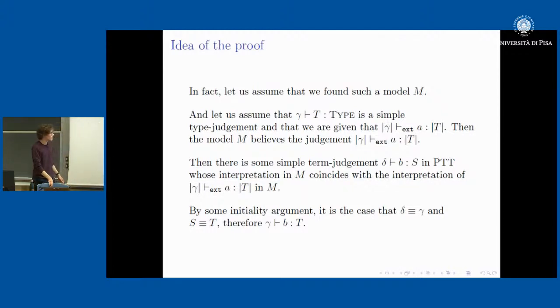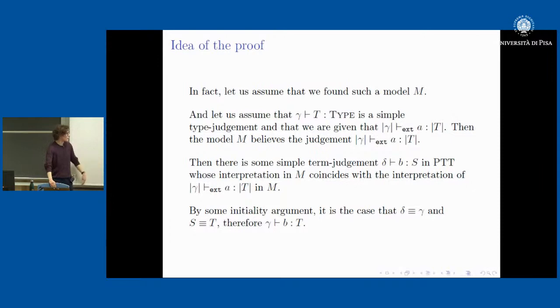But M has the property that the interpretation of PTT is surjective, right? So this section will also need to be the image of a term judgment in PTT, because M has this property of surjectivity of the interpretation of PTT. So there is some simple term judgment, B, in PTT, which is sent to that precise section.